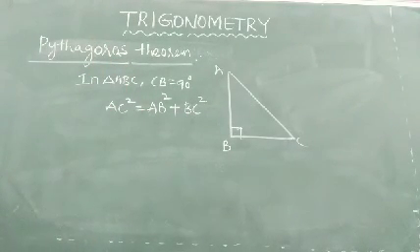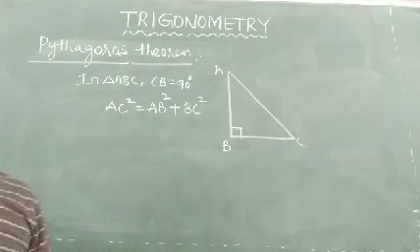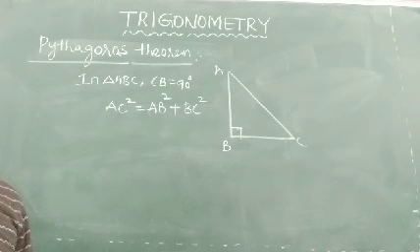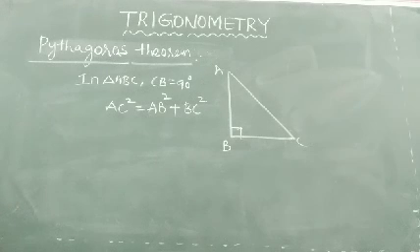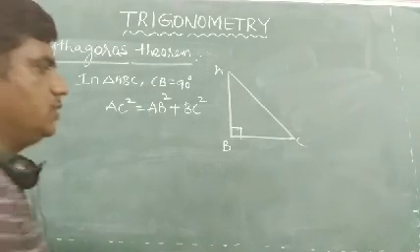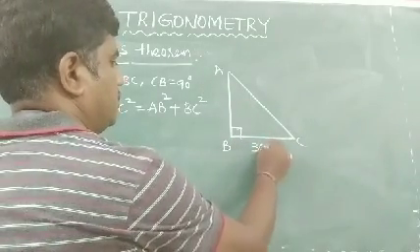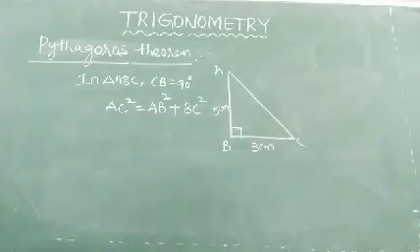The importance of this Pythagoras theorem is that we can find an unknown value. If in a right angle triangle we know two sides, then we can find the third one by using this theorem. Now let's see how. Say for example, the BC length is given as 3 centimeters and the AB length is 4 centimeters.